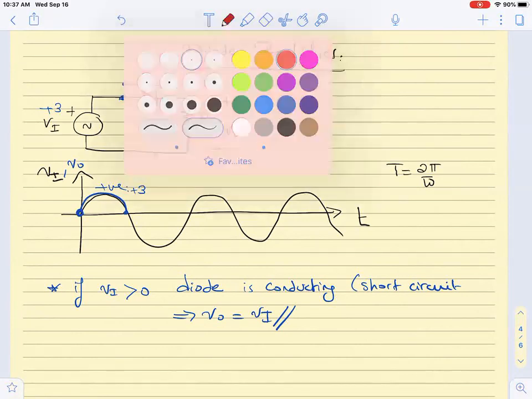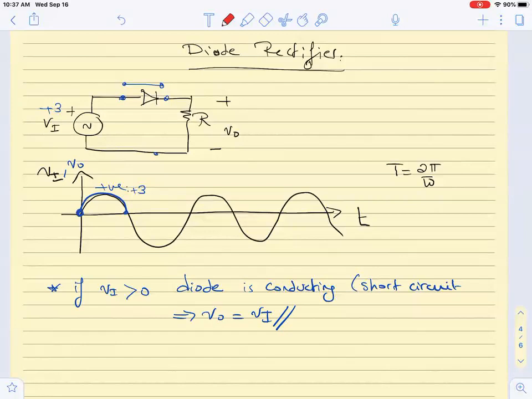Now when Vn is negative, minus 3 or any negative value, what will V out be here? Let us see. First, when Vn is negative, what will be the state of the diode? It will be off.